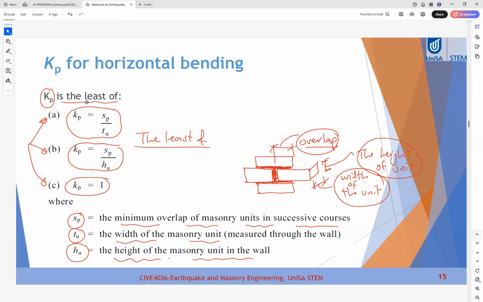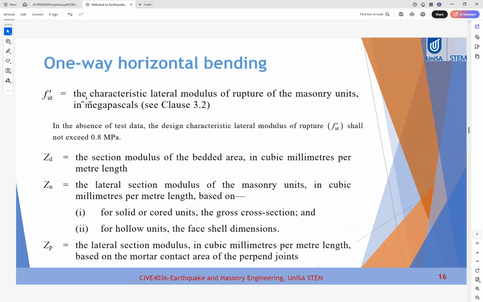If we know SCB, TU and HU, you can find the value of KB and select the smallest of them. Okay, so this is for KB.